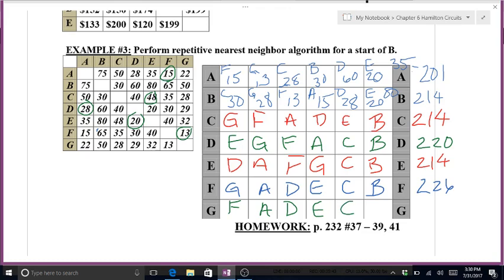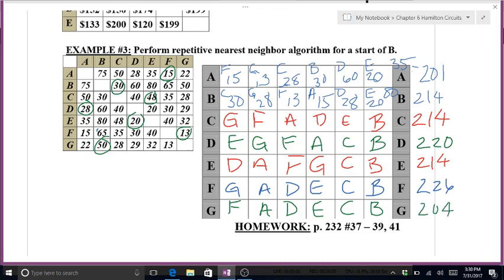This trend of C to B. From C, we're going to B. And B, we've got to go back to G. 28 and 50, 30 and 20, 48, 15 and 13. 204 is our grand total.